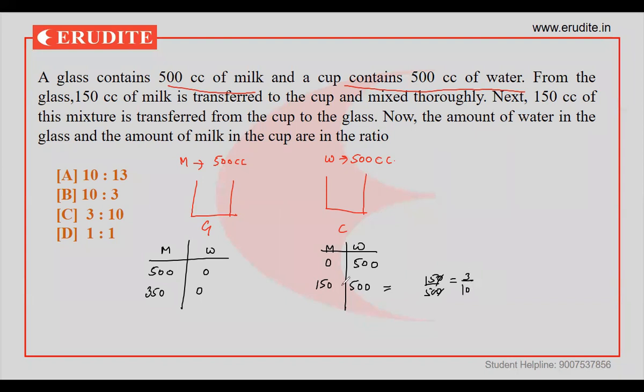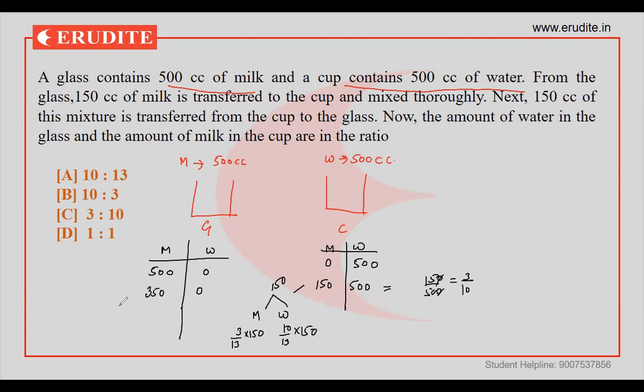So once I take out 150 cc of the mixture, the milk and water will again be in the ratio 3:10. So milk will be 3 by 13 into 150 and water will be 10 by 13 into 150.